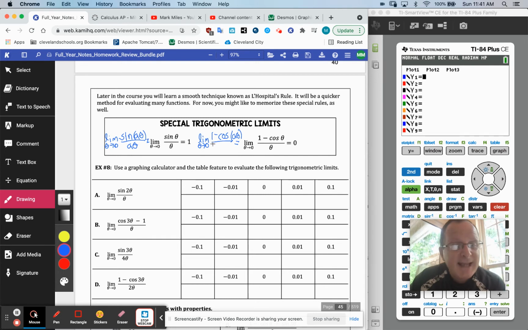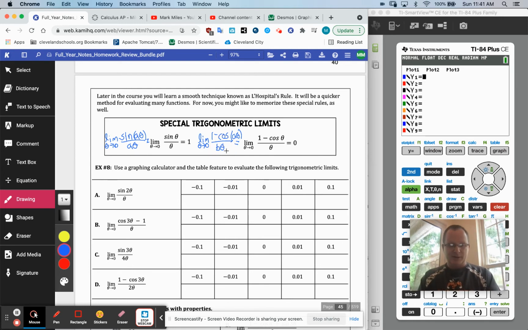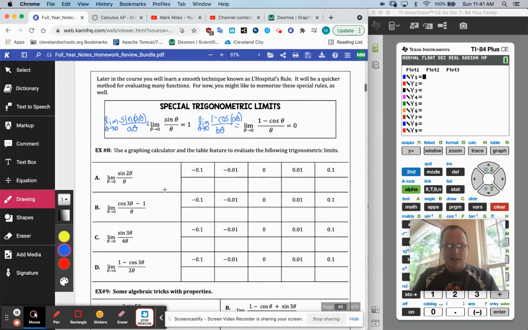Now, A and B could be the same, and that's fine, but they don't have to be. So I could say B theta. Those will always approach 0.